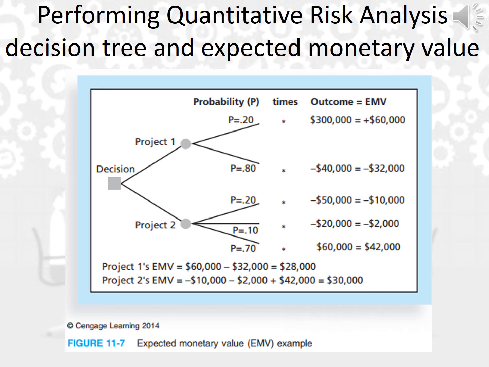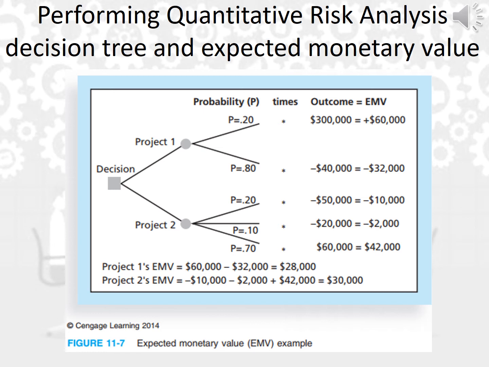And the last one, 70%, will lead to an earning or profit of 60,000. So you multiply 70% by 60,000, and it will be equal to 42,000. Again, I have to add these final answers in order to get the grand total. So minus 10,000 plus minus 2,000 plus positive 42,000 will be equal to 30,000.